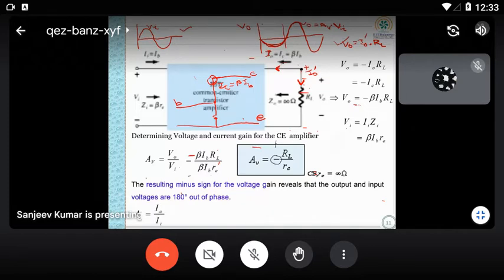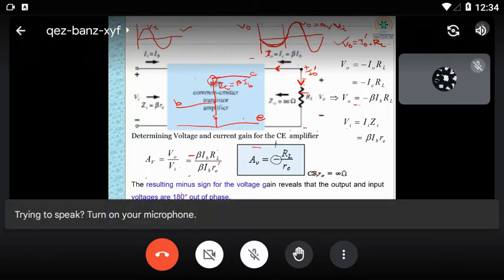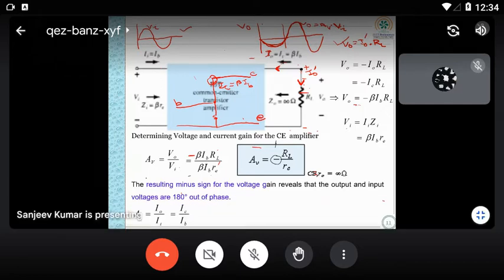Now current gain similarly is output current by input current. Output current, as you already know, is beta IB, and input current is IB. So current gain will be beta only.